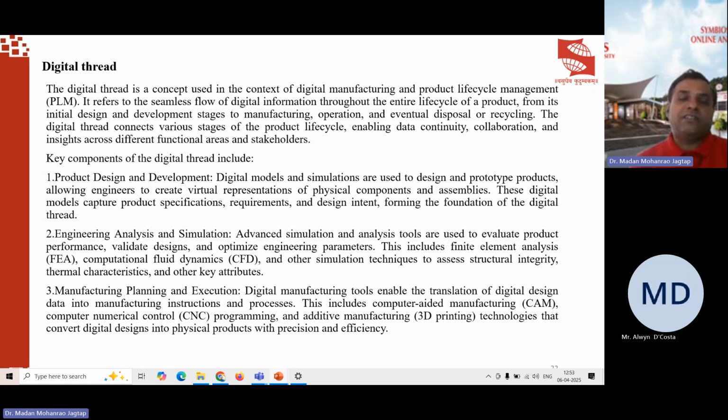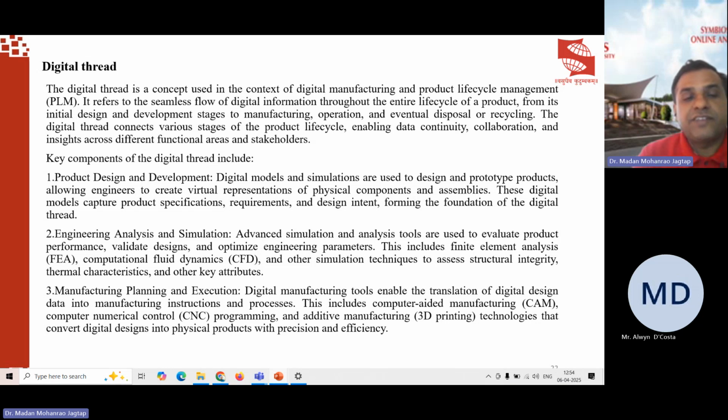We simulate that product, and we can find the structural integrity, thermal characteristics, and other key attributes. So the digital thread which we have created in the CAD, that is the design, can be transferred to different software, that is engineering analysis and simulation software, where we can identify the product features.